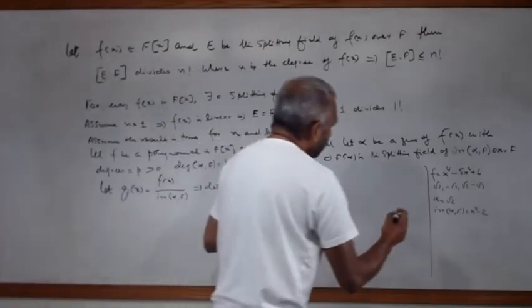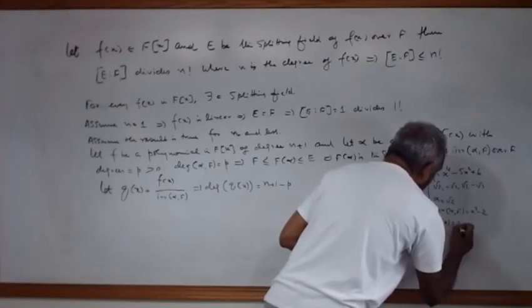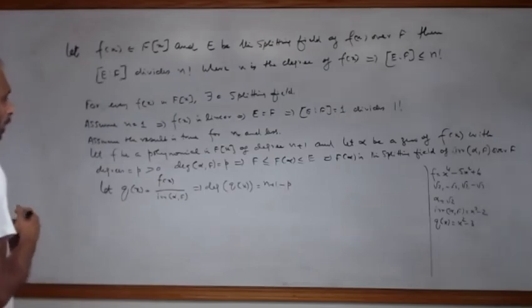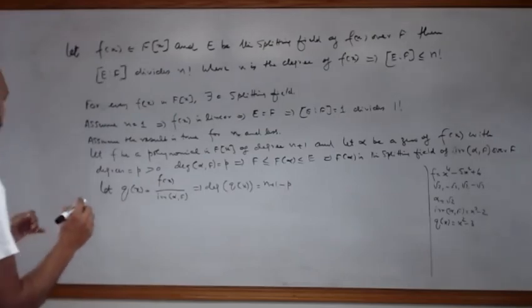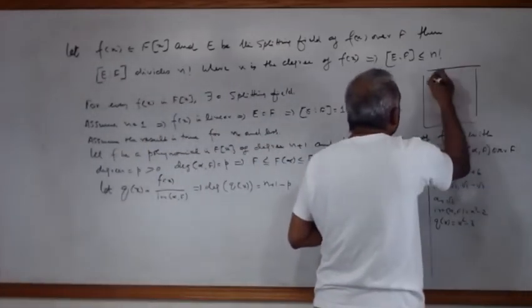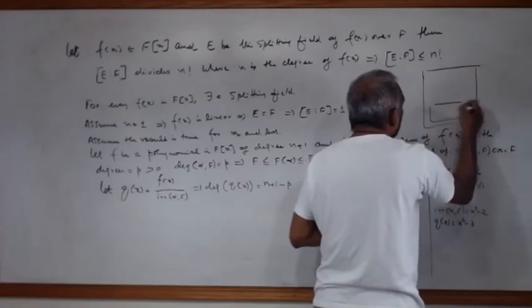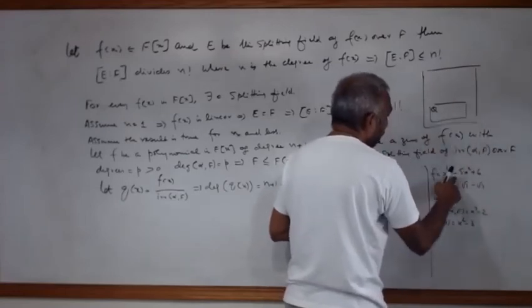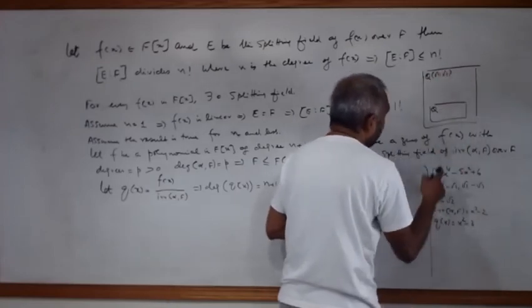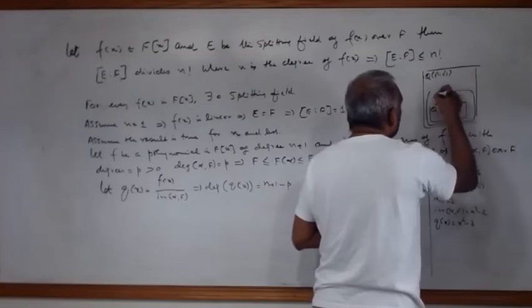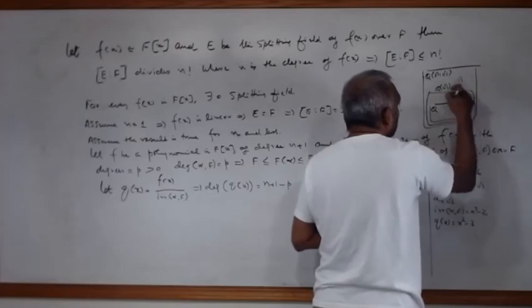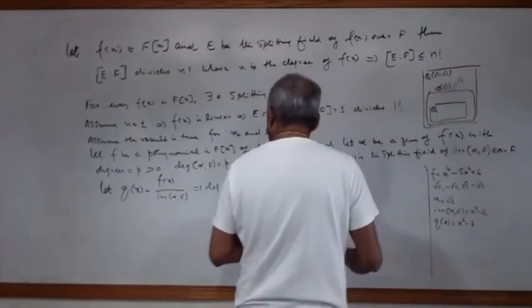So here the q of x is equal to x squared minus 3. So what is happening here is, this is our Q, and the splitting field of this one is Q of root 2 comma root 3, and we have root 2 as an alpha, so this is Q of root 2, and root 3 goes outside this Q of root 2, so this is somewhere here.